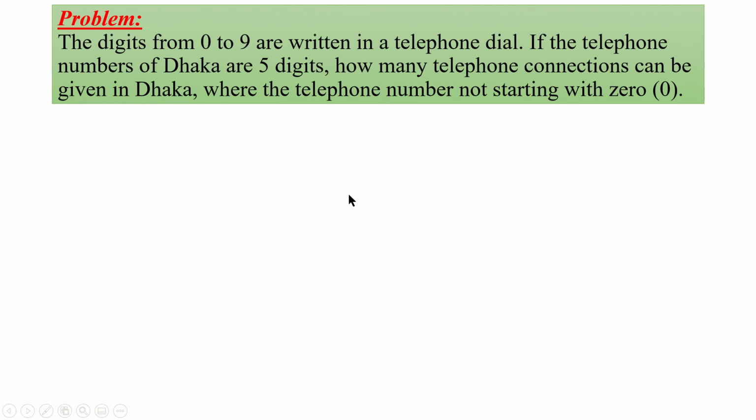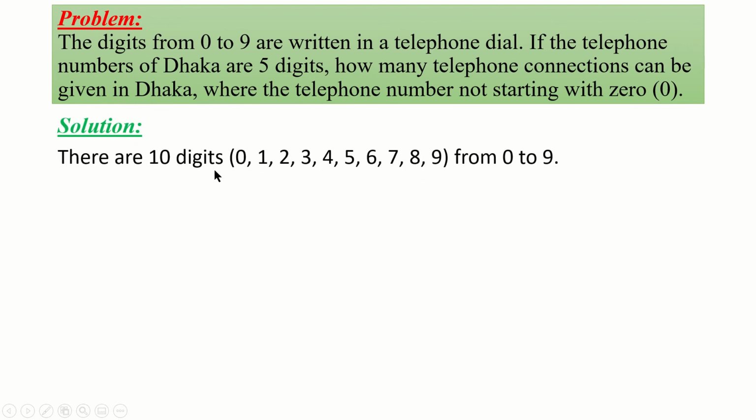So for the second, third, fourth and fifth places, you can fill up from 0 to 9. That means 10 digits, you can use 10 digits. Now follow the solution. There are 10 digits from 0 to 9.